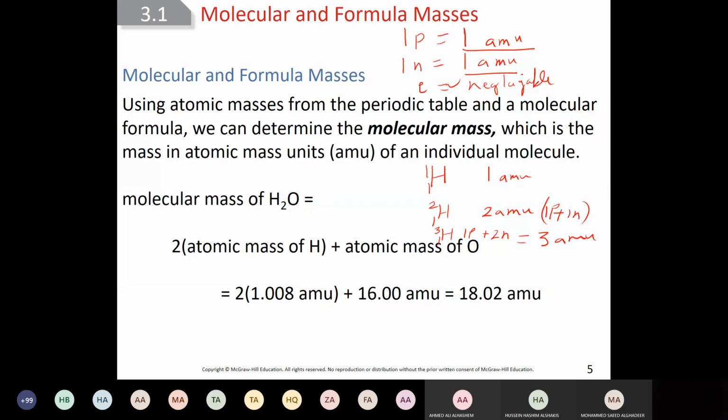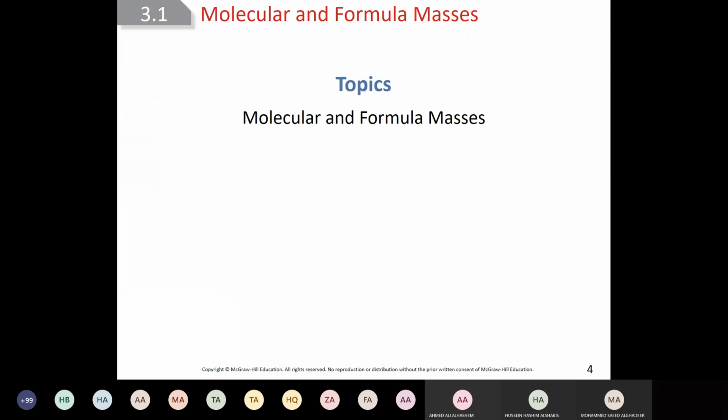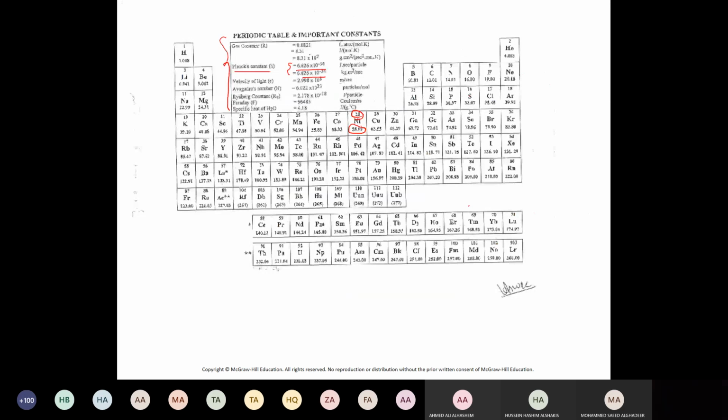But look at the periodic table. We'll go back to the periodic table. What's the mass? And here, what's this? This is the atomic number.